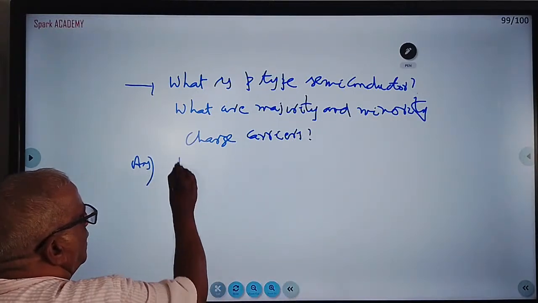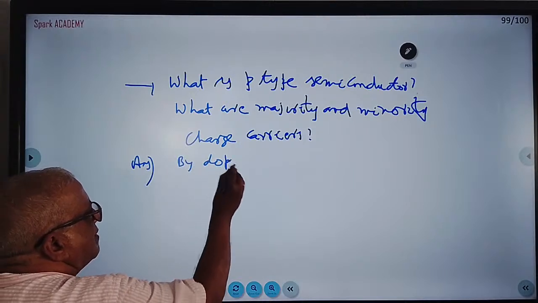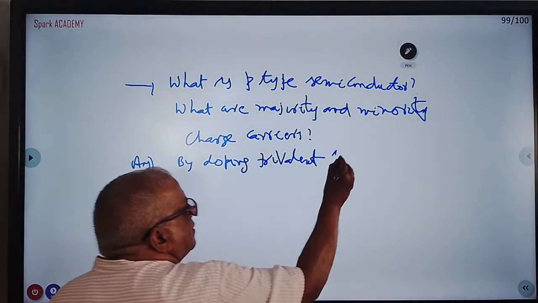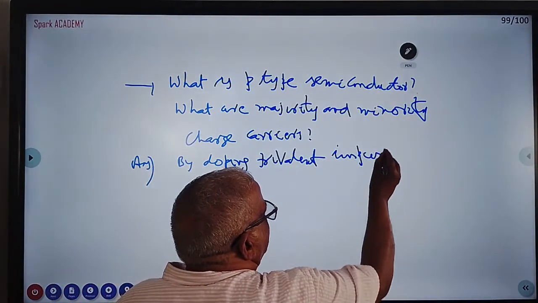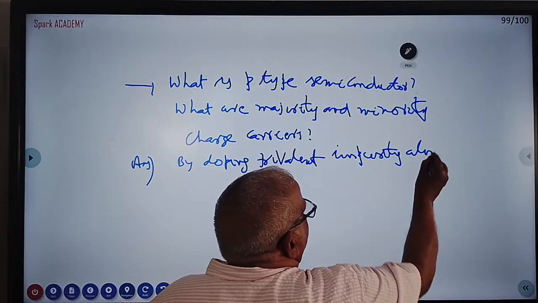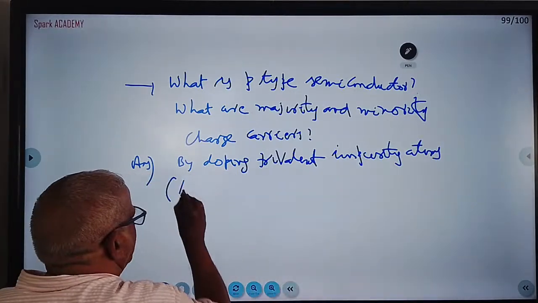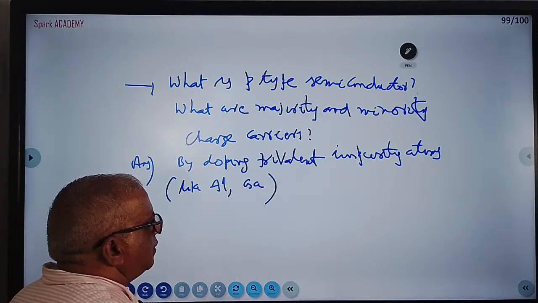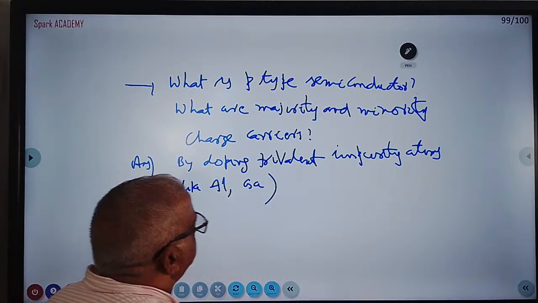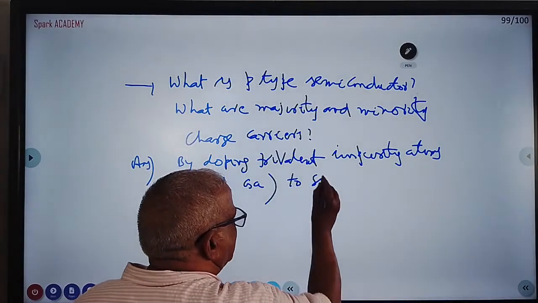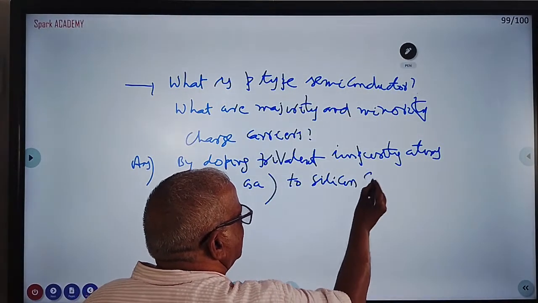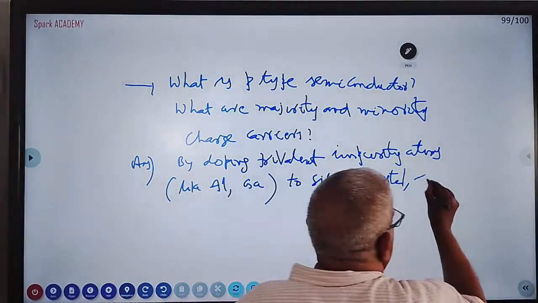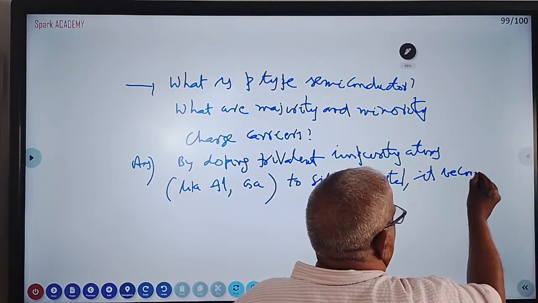By doping trivalent impurity atoms like aluminum or gallium to a silicon crystal, it becomes P-type.